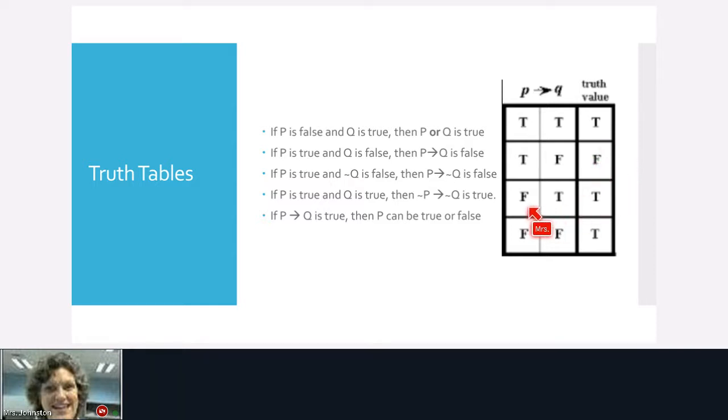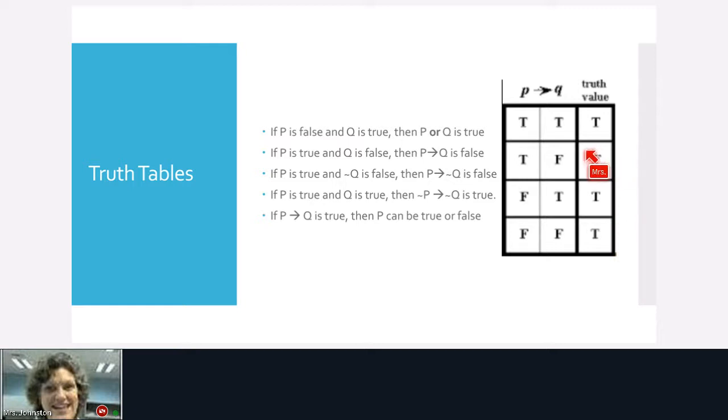Now, on the other hand, if you don't eat your vegetables and she decides to give you dessert anyway, the condition is still true because she said, if you eat them. And so this isn't part of the deal. So that's still true. And then if you don't eat your vegetables and she doesn't give you dessert, that's still true because the deal was kept.